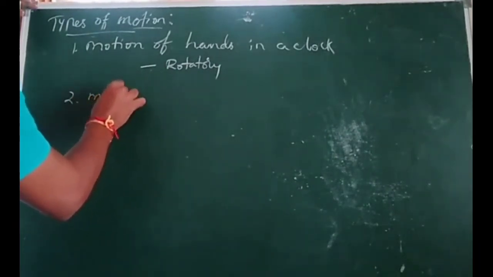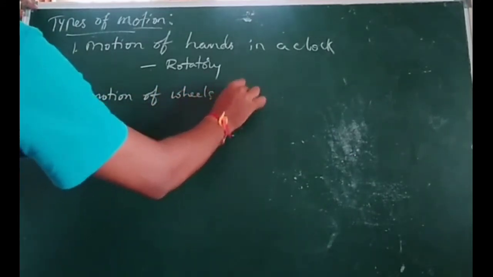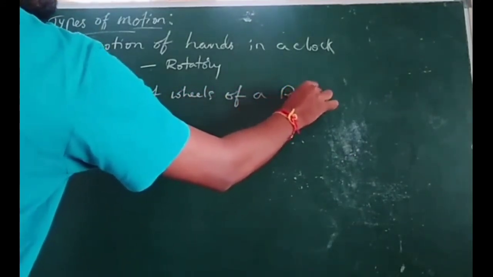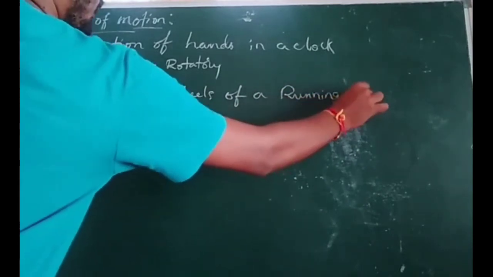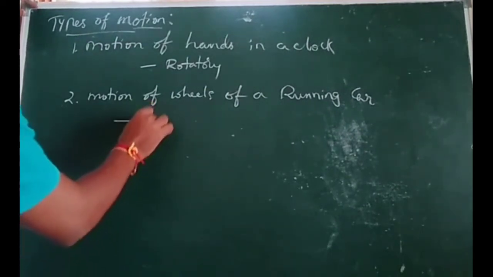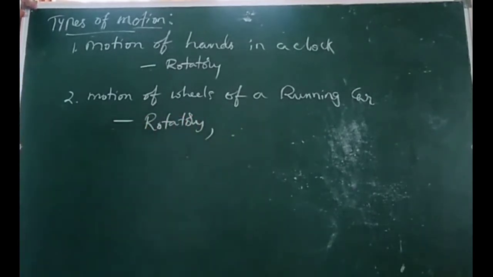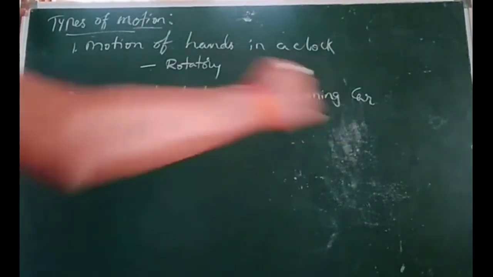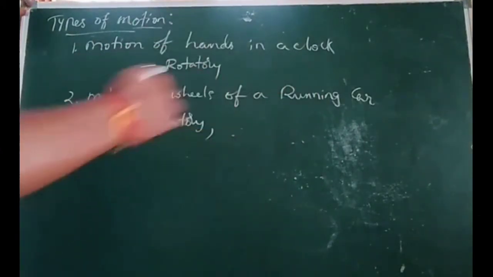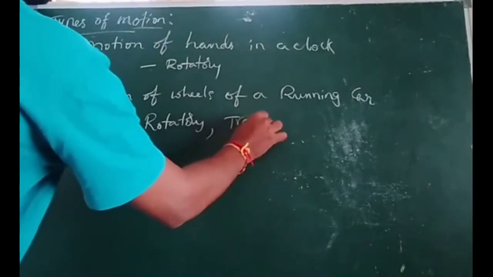Motion of the wheels of a running car. Remember, the wheel rotates, so it possesses a rotatory motion, and as the wheel rotates the car moves in a particular direction, so it also possesses a translatory motion.